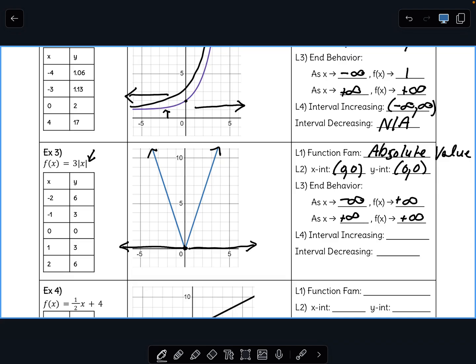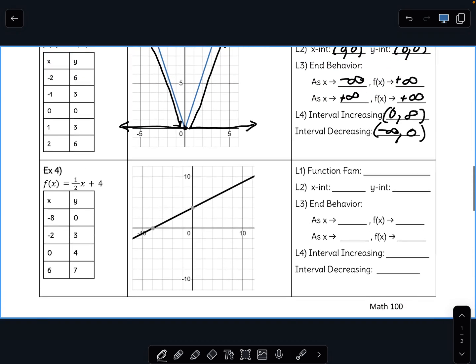So where is our interval increasing? Well, you can see here on the left side that our y values are going down. So from negative infinity to 0, we are decreasing. But from 0 to infinity, we are increasing. And remember to read it from left to right.